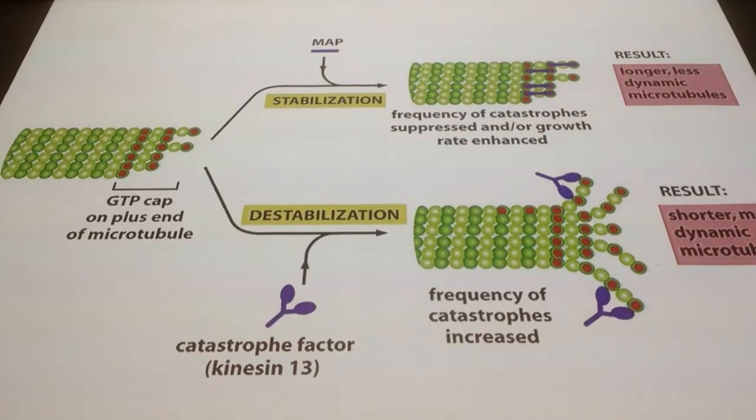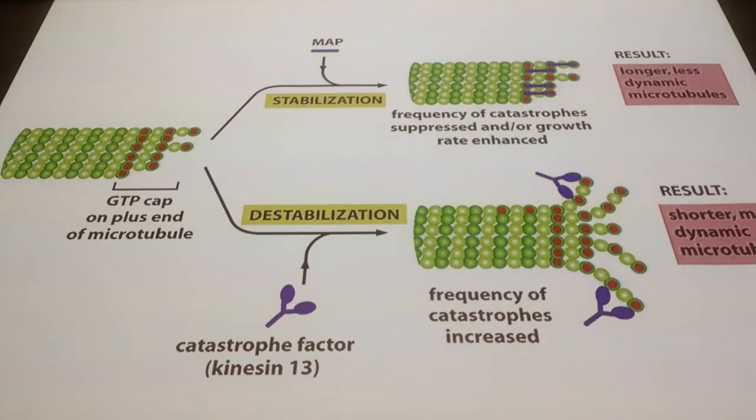So for depolymerization, again, if whatever condition favors depolymerization occurs, they're analogous to the enzyme that rips out ADP-bound G-actin one at a time. Depolymerization of microtubules can be carried out by a factor called a catastrophe factor.